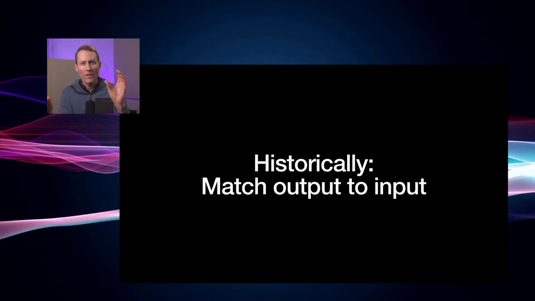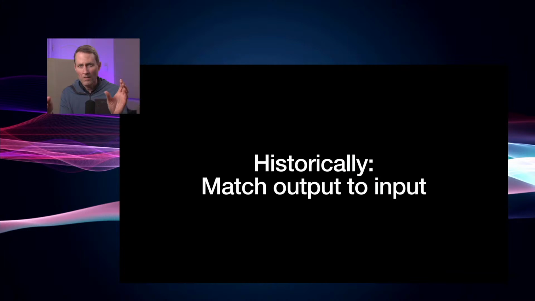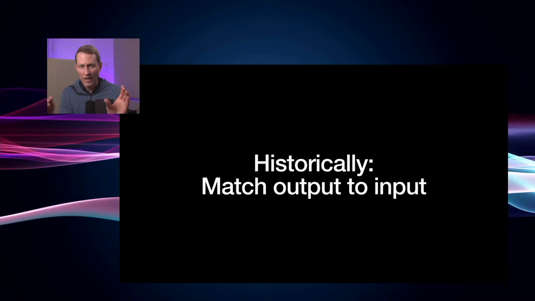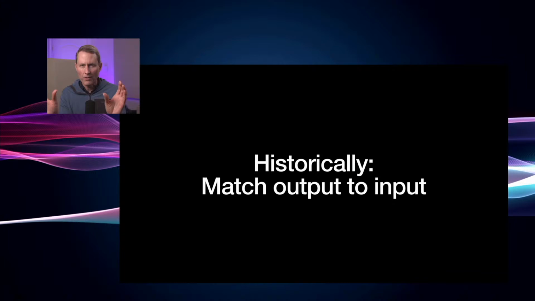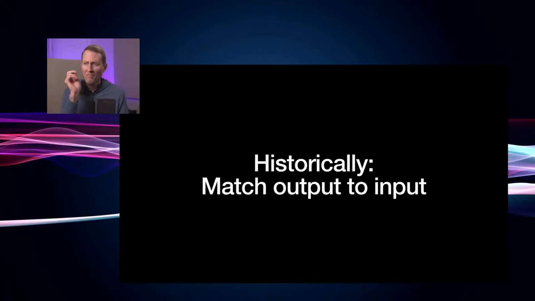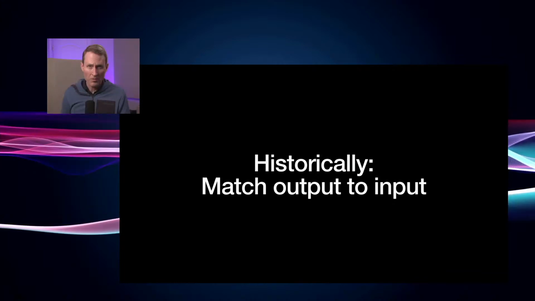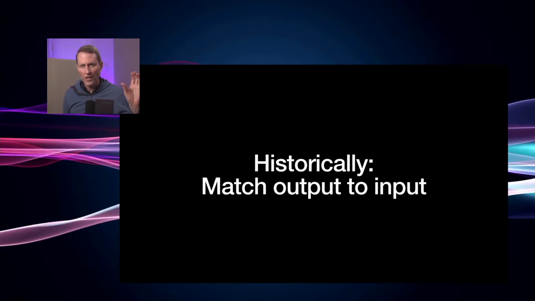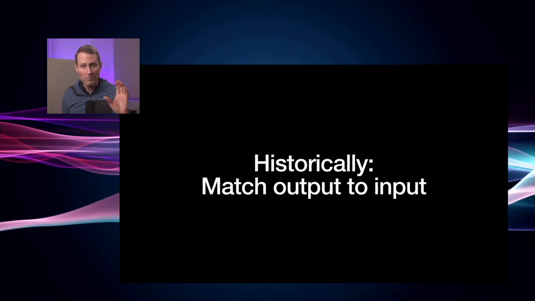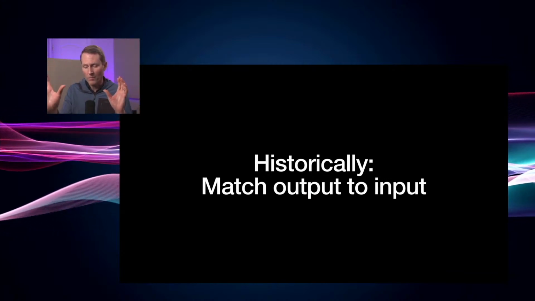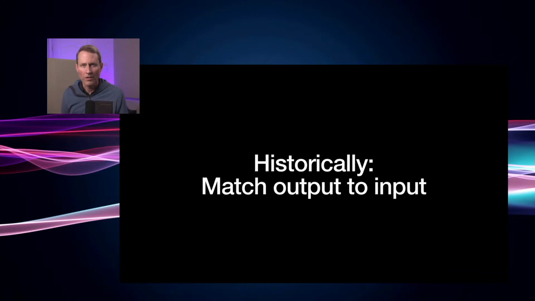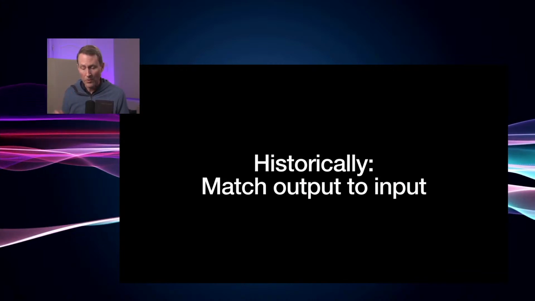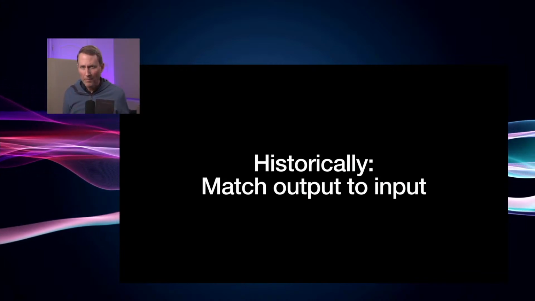So you would have the same output impedance from your microphone as the input on your preamplifier. Usually that was around 500 ohms or 600 ohms. Very commonly you'd see 600 ohms. So the microphone would output a 600 ohm impedance, and the input would measure a 600 ohm input impedance. That's typically what happened historically.